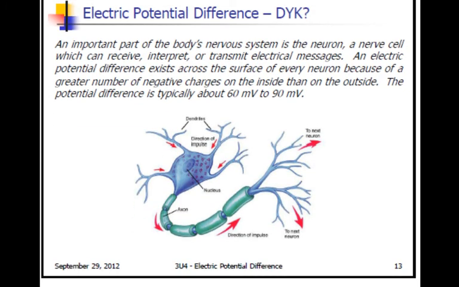An important part of the body's nervous system is the neuron. Neurons are nerve cells that receive, interpret, and transmit electrical messages. You might not know, but your brain actually transmits information using electricity. Those neuron cells act as little batteries, with a voltage of about 60 to 90 millivolts.